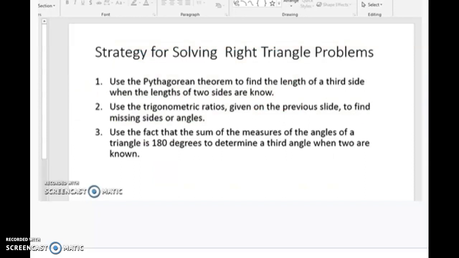Strategies for solving right triangle problems. First, use the Pythagorean theorem to find the length of a third side when the length of 2 sides are known.